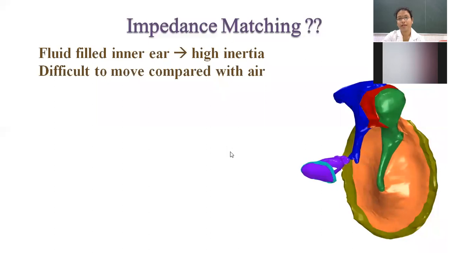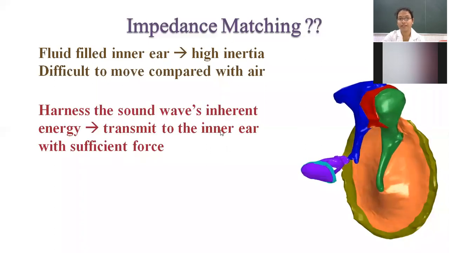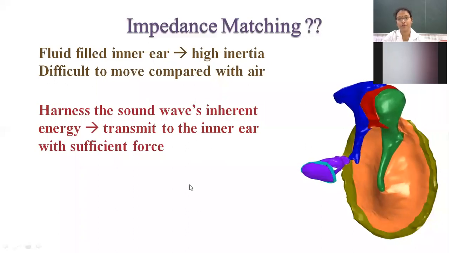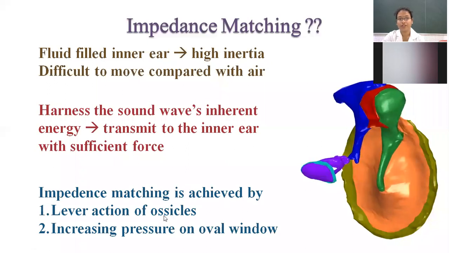Impedance matching is the capacity to harness the sound wave's inherent energy. It will try to preserve all the sound wave's energy and then transmit it to the inner ear with sufficient force.